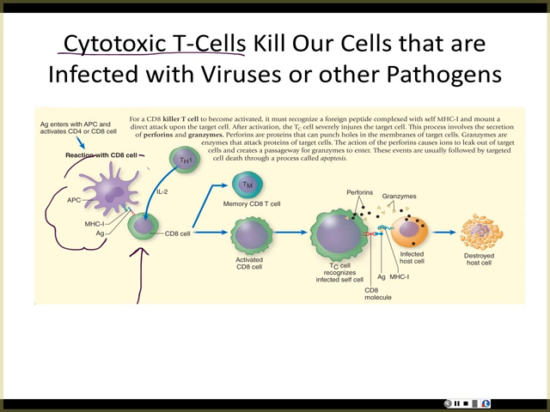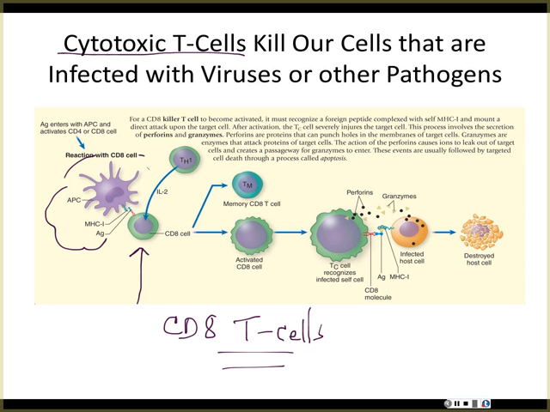The cytotoxic T cells are also called CD8 T cells. That's another name for those because they have CD8 on their surface. That's a receptor or a protein molecule they have on their surface, CD8. Just like we called the helper T cells CD4 T cells, these T cells don't have CD4 on their surface.